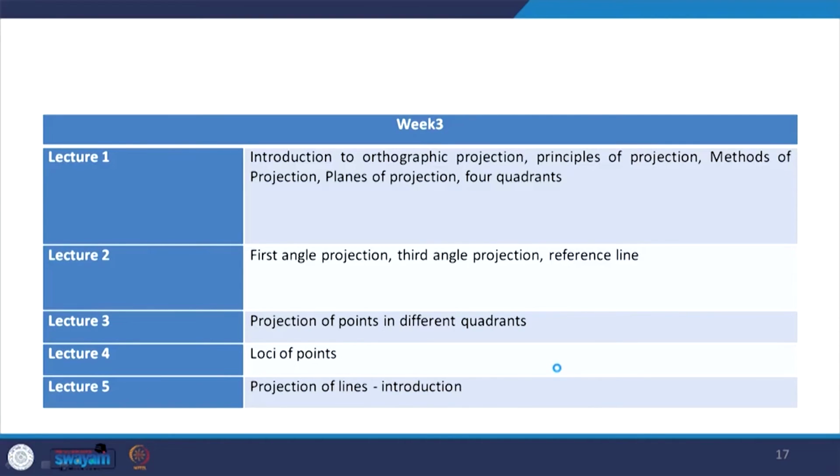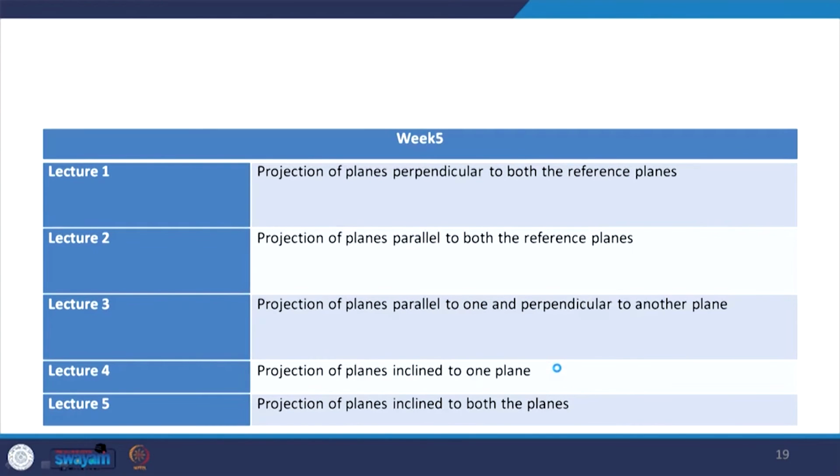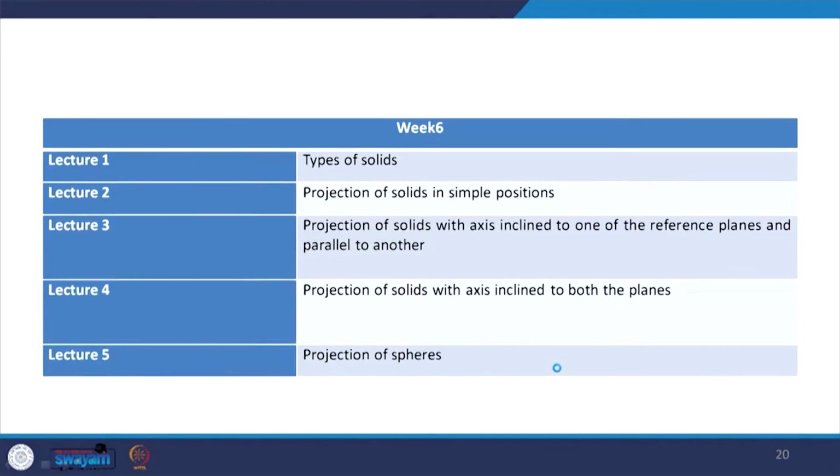We will understand the principles, and then we will majorly work in first angle projection, though we will understand both first angle and third angle, and then we will start with projection of lines. Week 4 we will go with projection of lines, and in week 5 we will move on to projection of planes, and the complexity of these different projections will continue to increase.